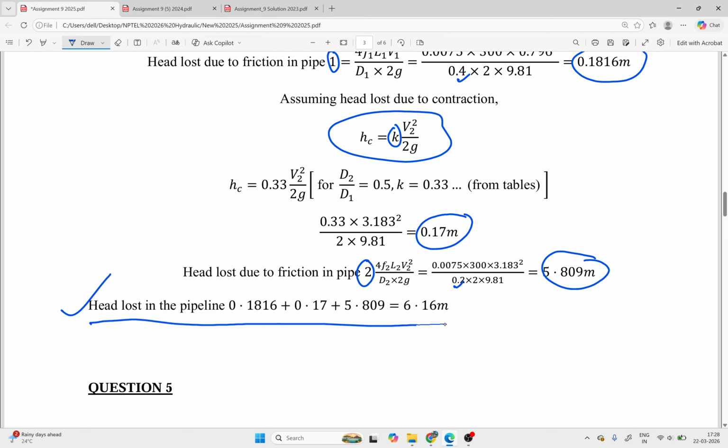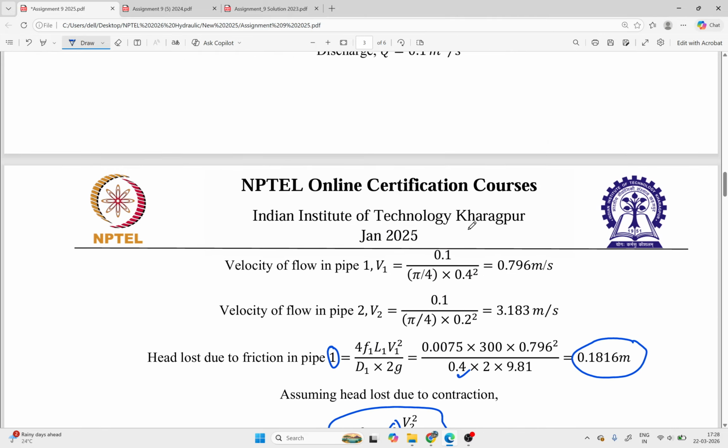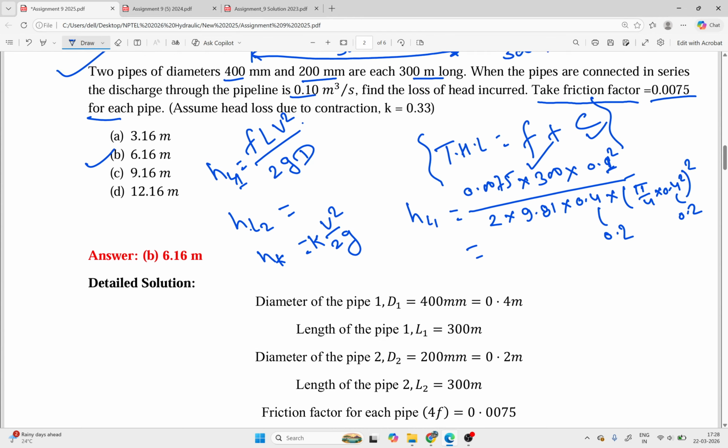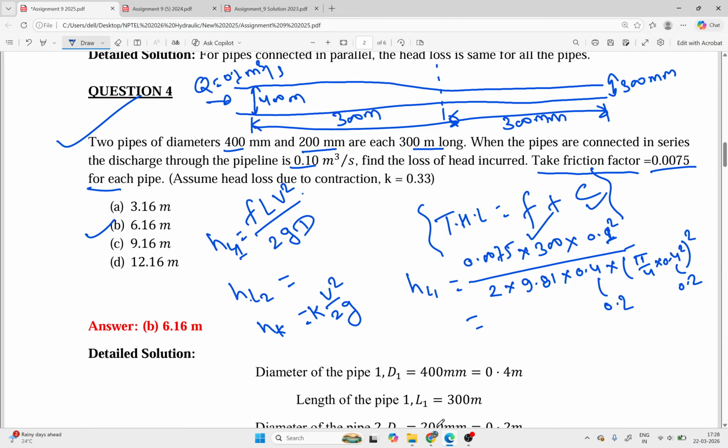We are doing summation here because, as you know, the pipes are in series. After summation of pipe 1, this contraction K, and pipe 2, you will get 6.16. So option B is correct for question number 4. Hope you all understand.